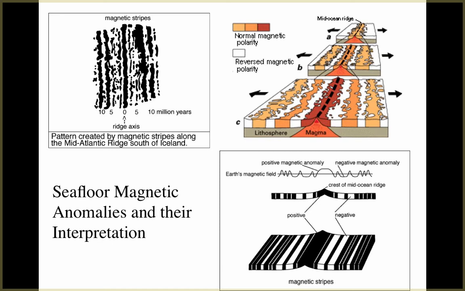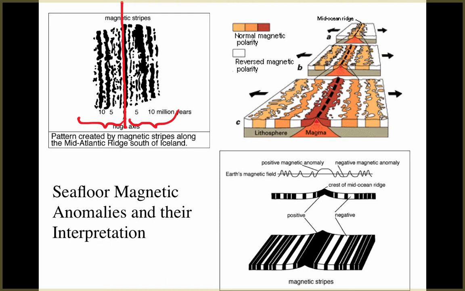If one measures the polarity of magnetism on the sea floor, one finds a series of stripes parallel to the mid-ocean ridge, and ideally symmetric around it on both sides. Our model is that of a magnetic tape recorder.